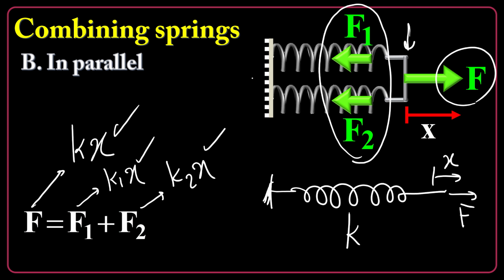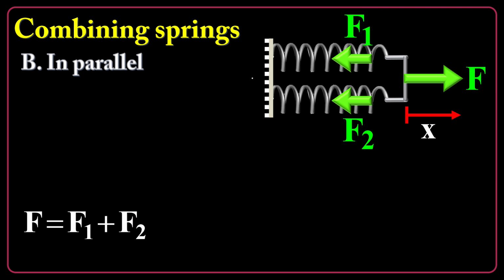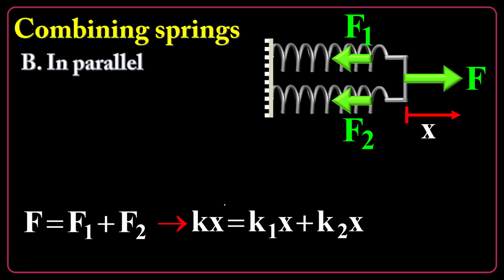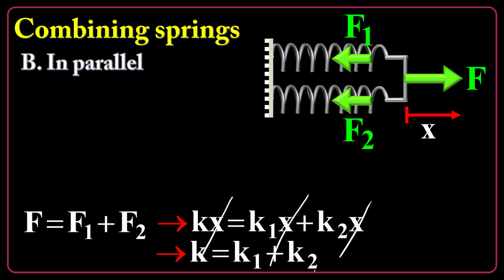So if I extend them, they will have the same extension. Now I can get rid of this x from both sides, and K would be K1 plus K2. Here you see that the stiffness of the combination will be larger than each. So if this is 100 and this is 200, the equivalent spring constant will be larger than 100 and larger than 200. Actually, it's 300.